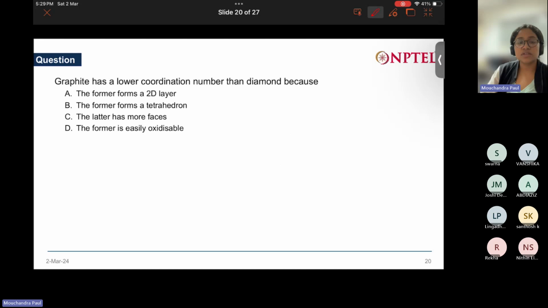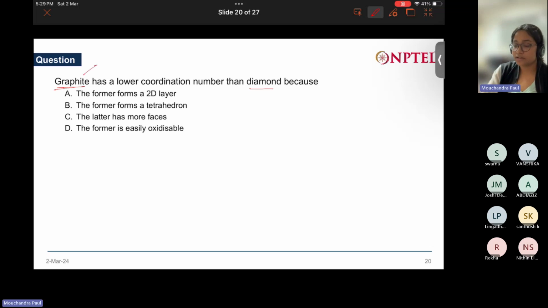Now this is a question. Graphite has a lower coordination number than diamond because... Graphite and diamond are both forms of carbon, but the arrangement of carbon is very different.